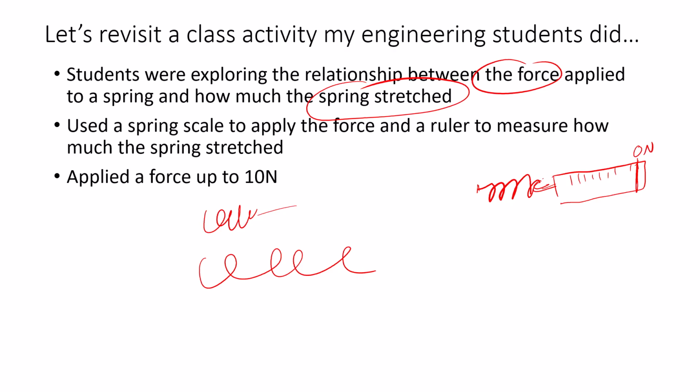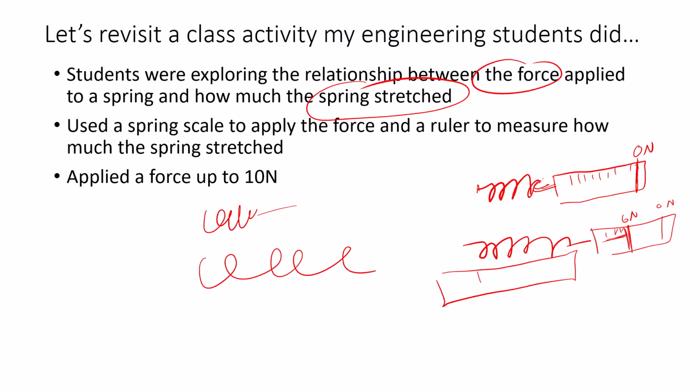It tells you how hard you're pushing or pulling. Then they would apply a force, the spring would stretch, and maybe it was 0 newtons, and then they applied a force, and now it said 6 newtons, and you could see the gauge in the spring scale move.